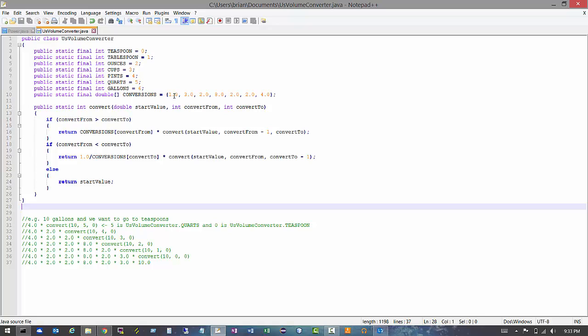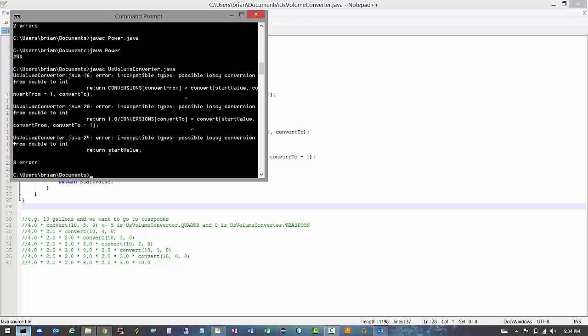These were all ints. Those were all doubles. I'm going to have a double start value. I'm going to convert from something to something. The conversions, sub, convert from, and then we'll convert start value from -1, convert to. What line was that on? So I'm a little perplexed. It's saying from double to int.